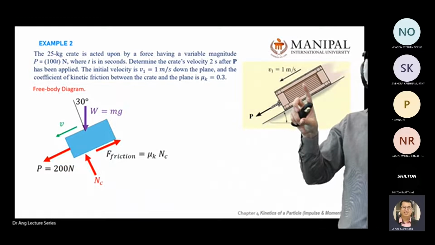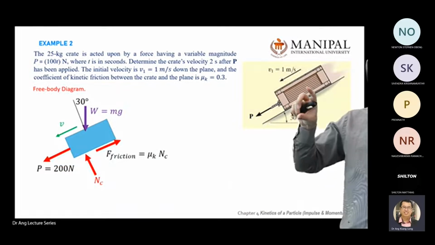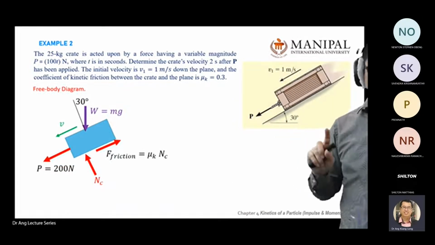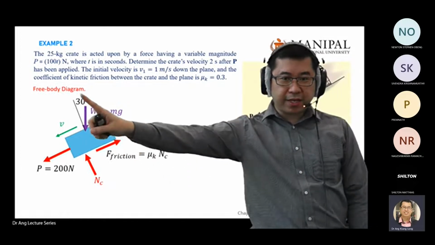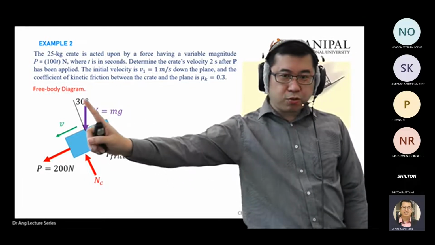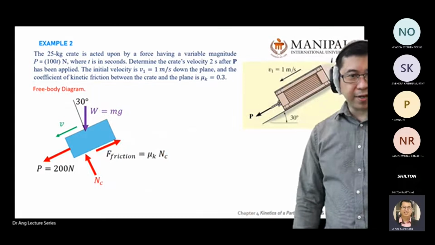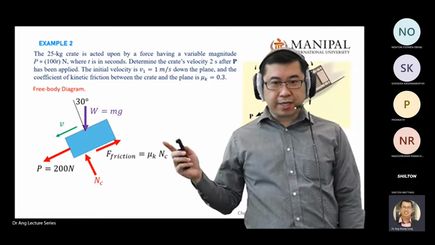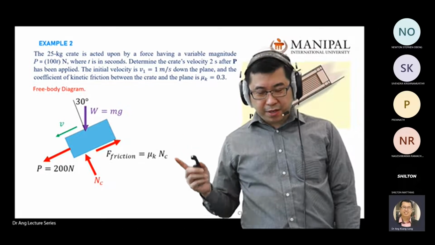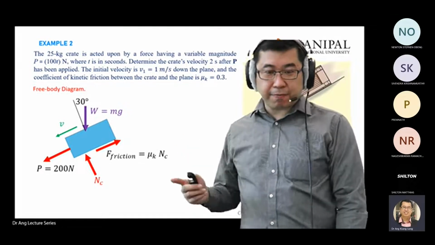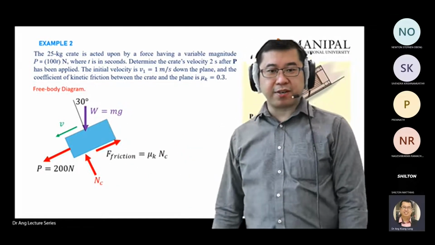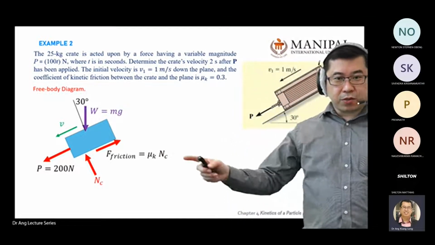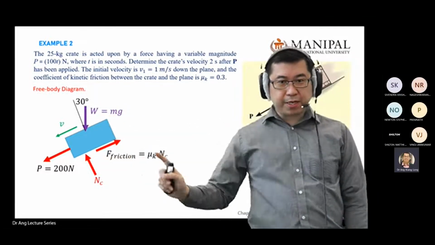Means I see this as a body on the floor, but I tilt my W to 30 degrees. Either way it works, because later when you solve, some people get confused with the angle. So this is the complete free body diagram.